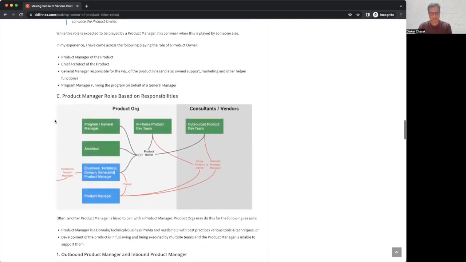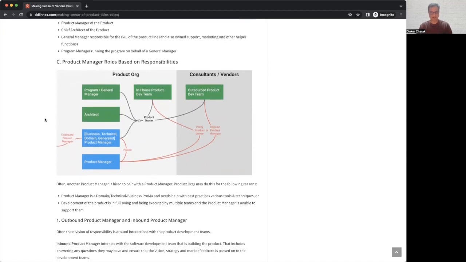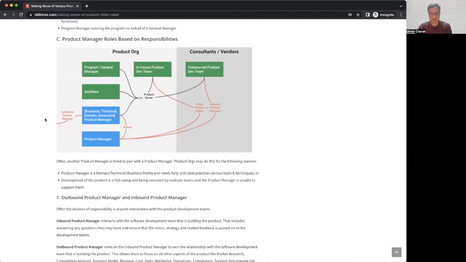The other way these roles have evolved is based on the responsibilities that a product manager takes. The most common scenario is outbound and inbound. The outbound product manager role is defined as the product manager who works with the rest of the world side of the product.